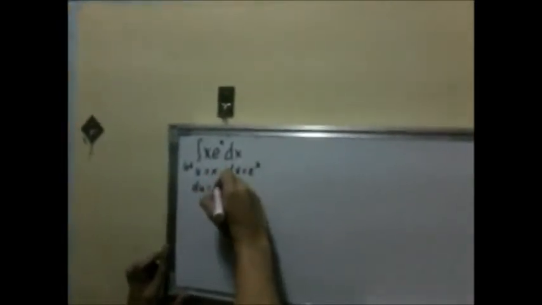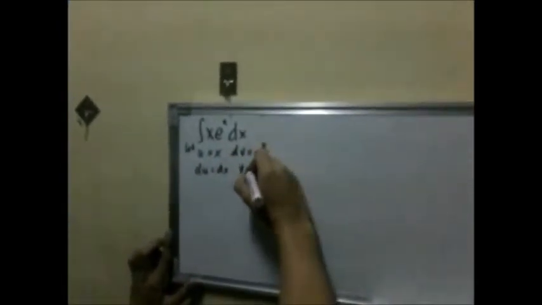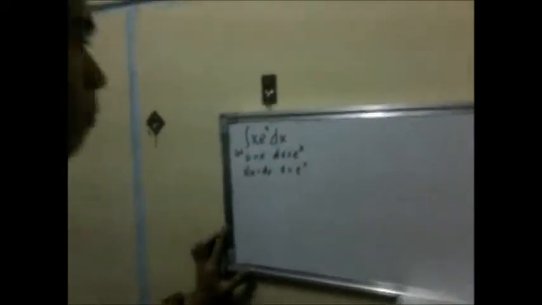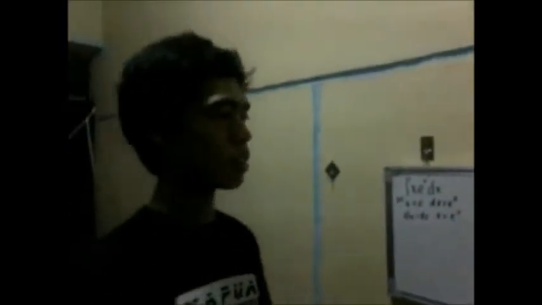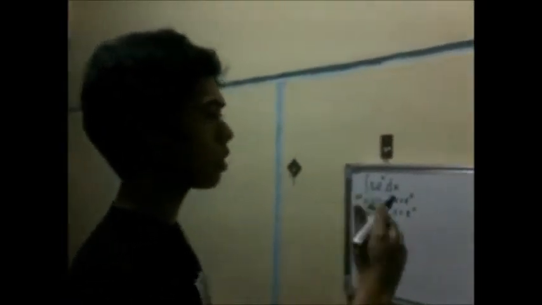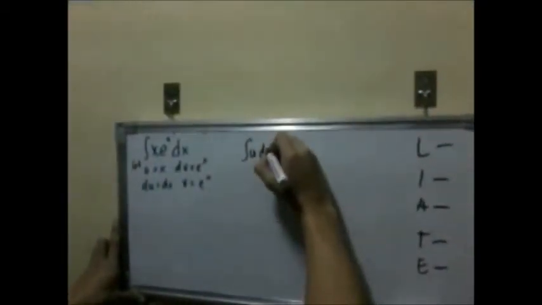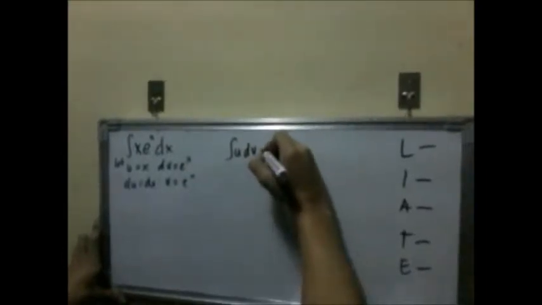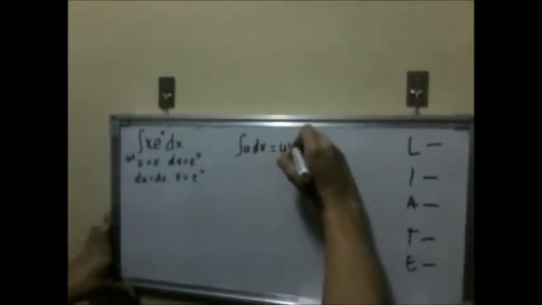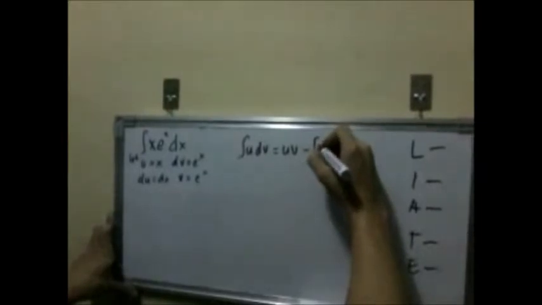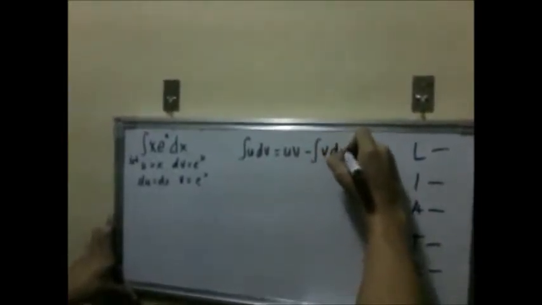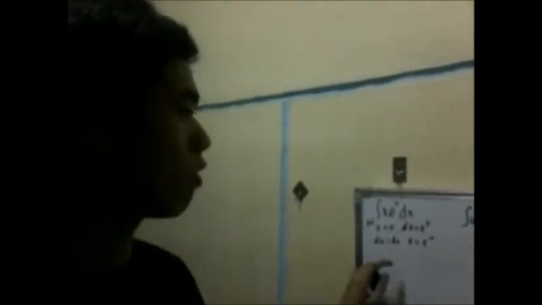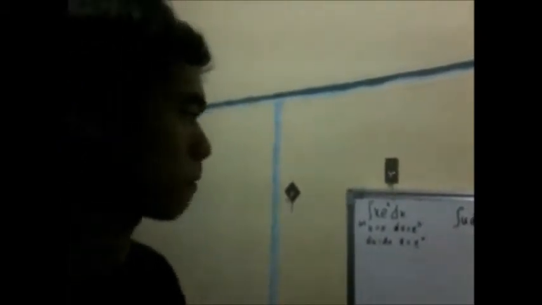So du equals dx and v equals e raised to x. For integration by parts, we follow this formula: integral of u dv equals u times v minus integral of v du. For the solution, we just substitute our values to the formula.